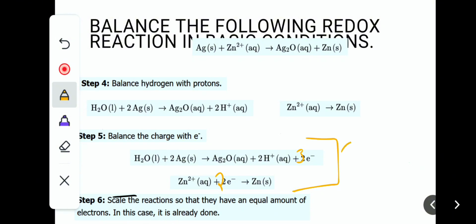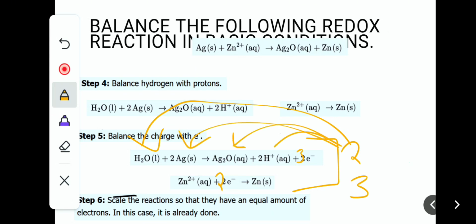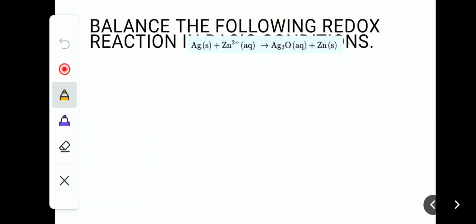So you'd say, okay, let me put my 2 here, let me put my 3 here, and then you multiply these with the individual molecules. You're going to find that at the end, the electrons have the same number, which is important for the next step, where you have to cancel out the electrons. Our goal is that our electrons must have the same number. That's step 6: the electrons must be the same number in both of the reactions.